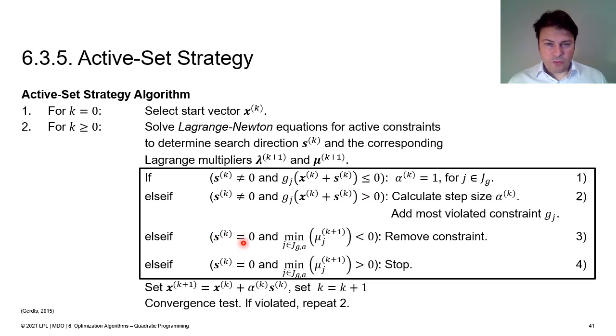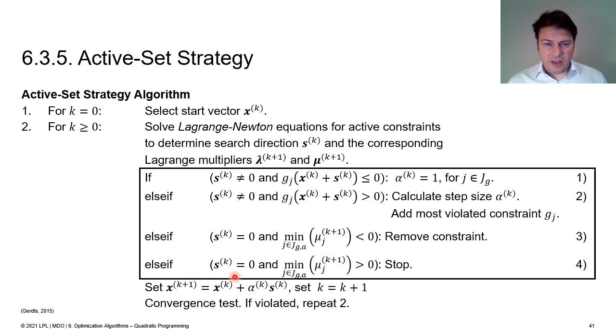Then there's the case where the search direction actually evaluates as 0 and the smallest Lagrange multiplier evaluates as less than 0, meaning the necessary condition of optimality is violated, so it is not an optimum.